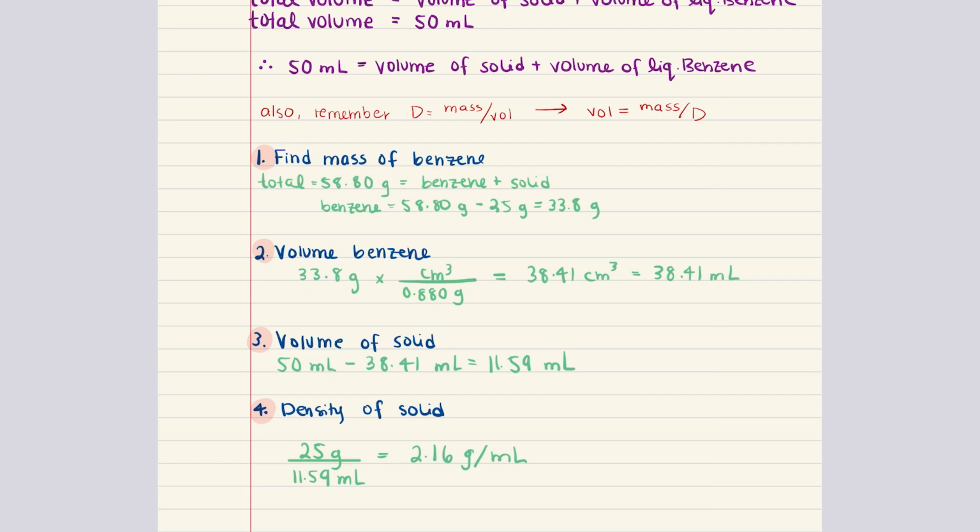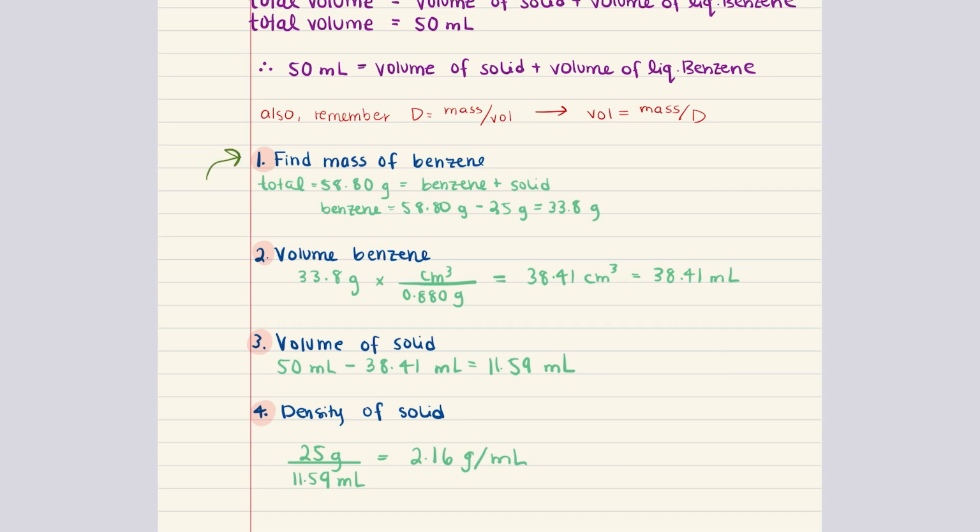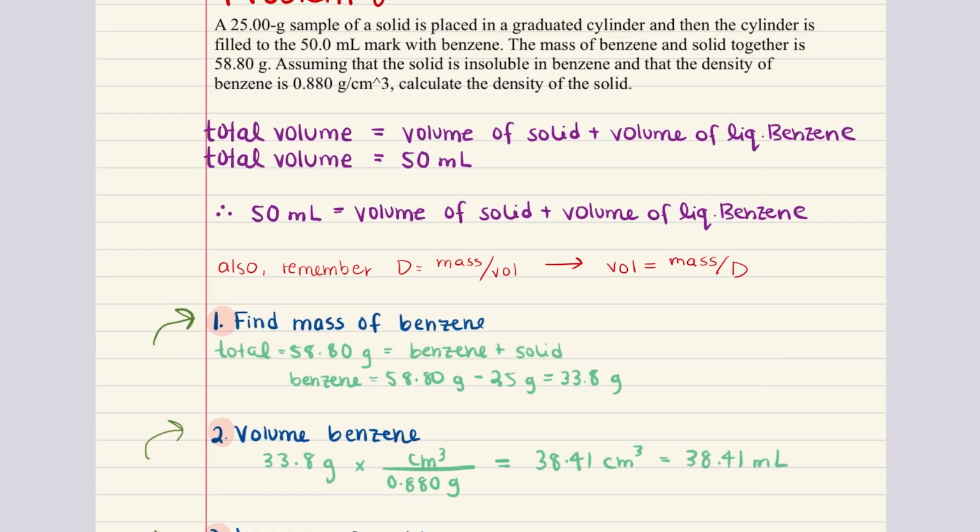So we're going to do this workflow to ultimately get to the one piece of information we don't have, the volume of the solid, and then take the mass and the volume of the solid to calculate the density. But of course, like I said, that involves these preliminary steps of figuring out mass of benzene, volume of benzene, and then finally figuring out the volume of the solid. So let's go ahead and get this started.